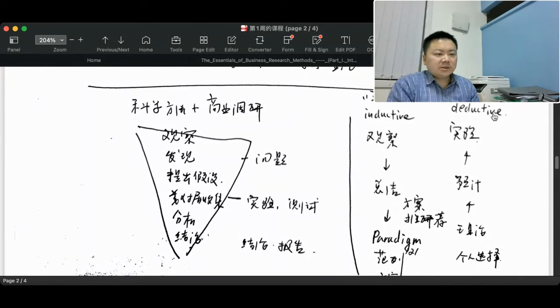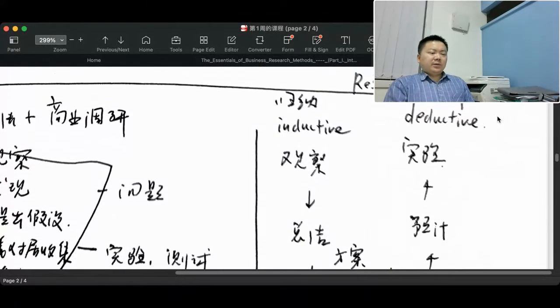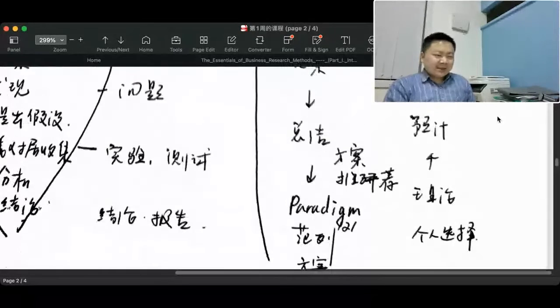And the teacher mentioned two research methods: inductive and deductive. That's quite fancy words for me. Okay.